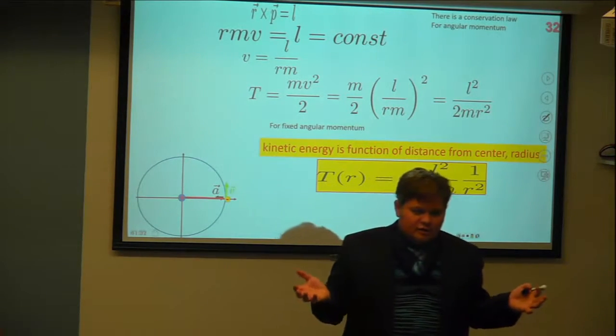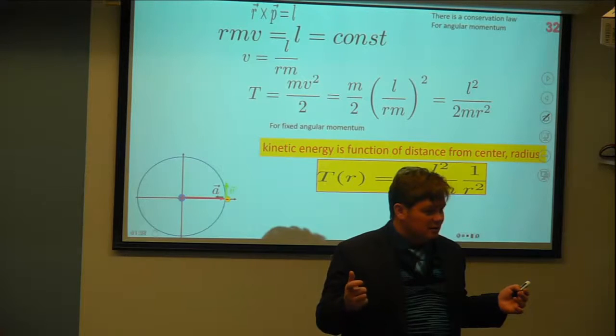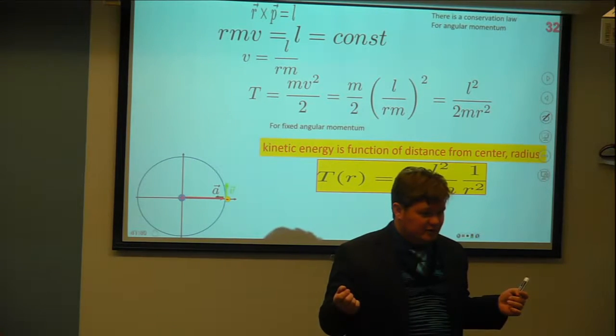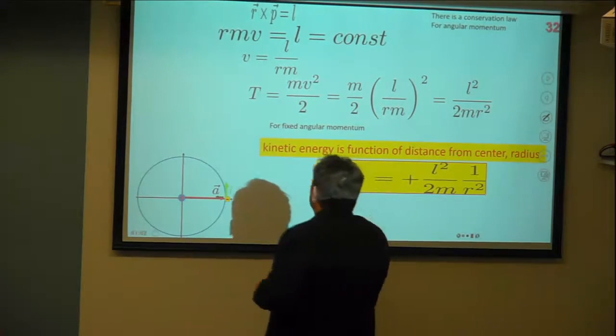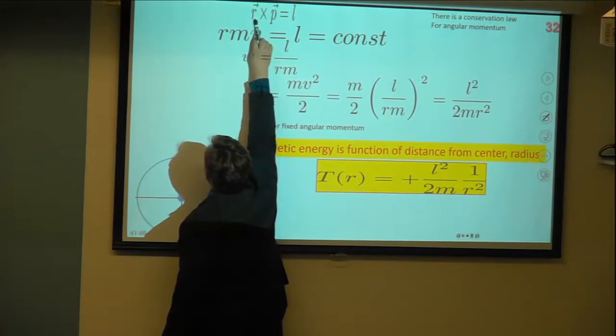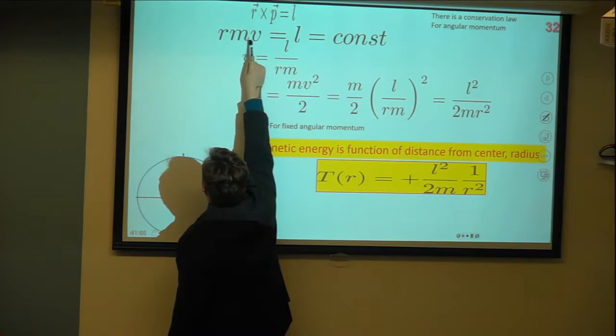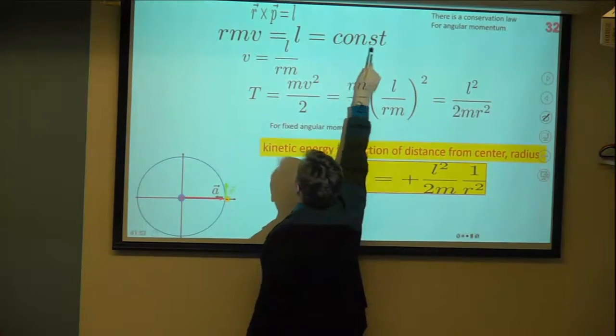You know, there are conservation laws. Energy is conserved, momentum is conserved, and there is another thing that is conserved: rotation, angular momentum is also conserved. So if it is a simple two-dimensional rotation with these two vectors orthogonal, then distance, mass, velocity, angular momentum are constant.